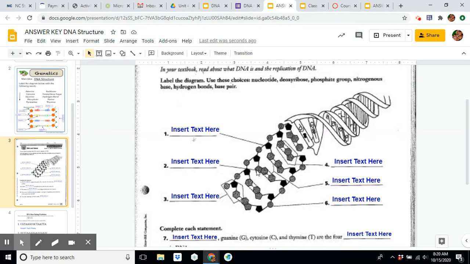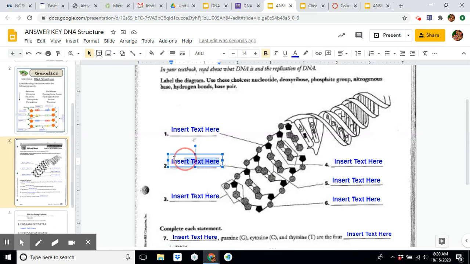This is pointed into the middle. So it's only pointed to one of these. So we can label that. We know in the middle of our ladder is our nitrogen bases. This is pointing to all 3 pieces: a phosphate, a sugar, and a nitrogen base. And we know that all 3 of those pieces together are what we called a nucleotide.